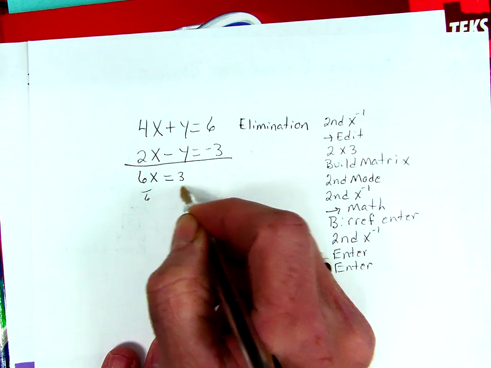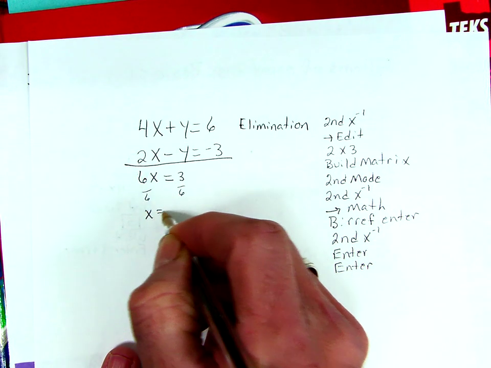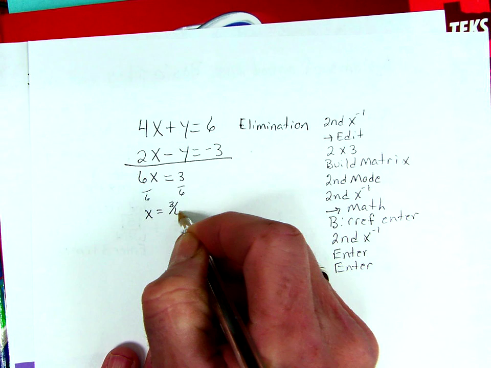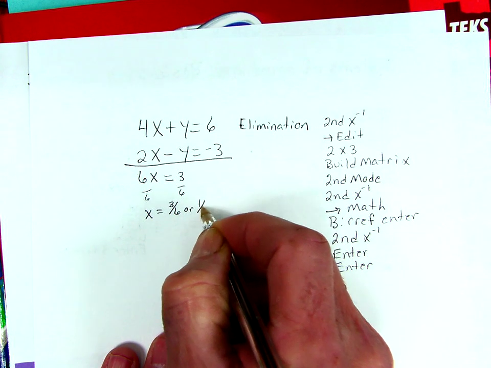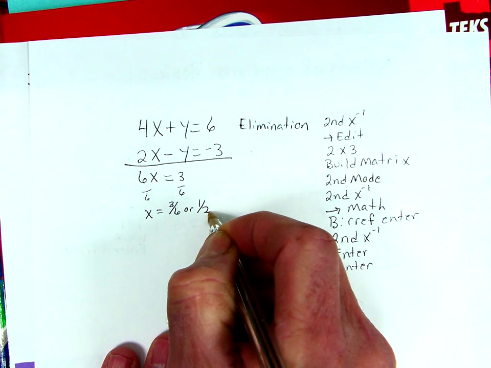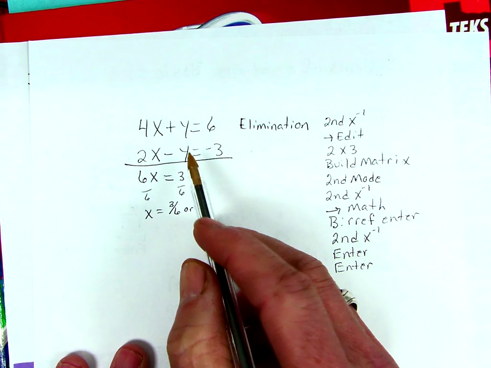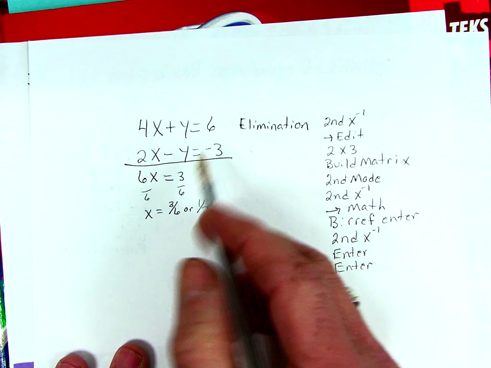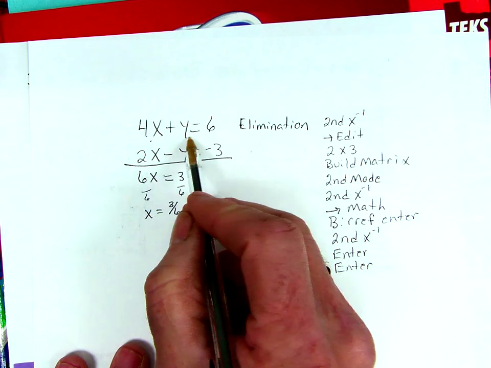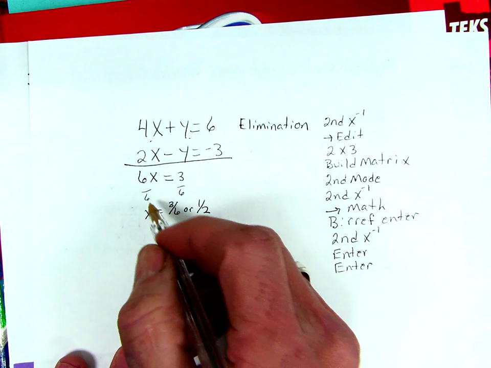So adding both equations, we get 6x equals 3. Divide by 6, divide by 6, x equals 3 over 6, or 1/2. Now that I know how much x is, I can use it to calculate for y. I'll use the top one since everything is positive.